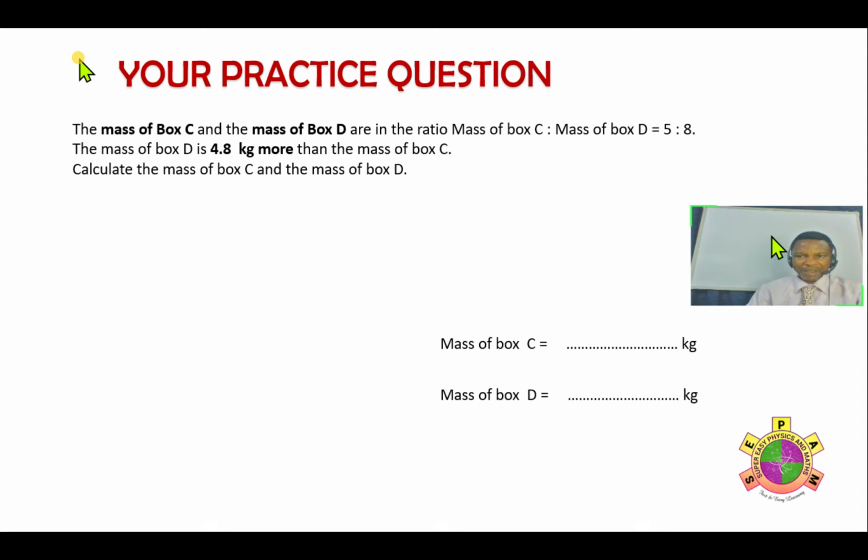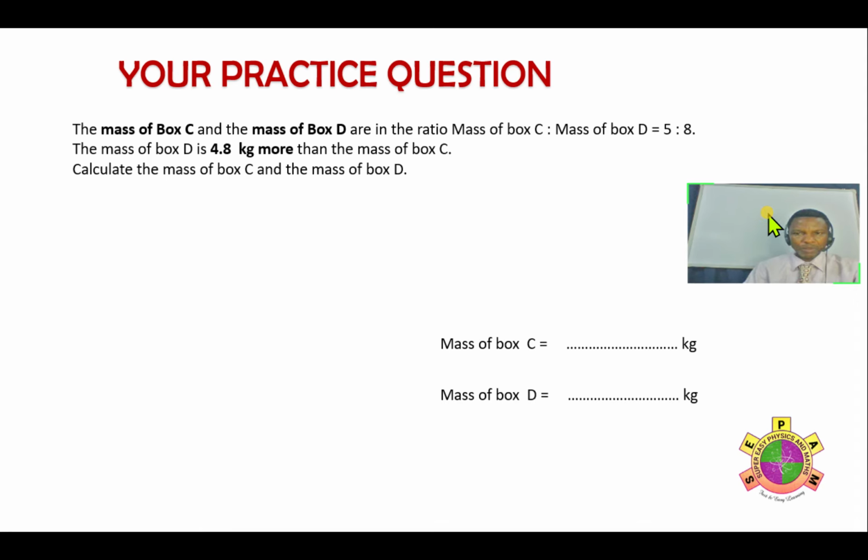Okay, so the next one, I want you to try your hand on this question. The mass of C to that of D is in the ratio of 5 to 8.